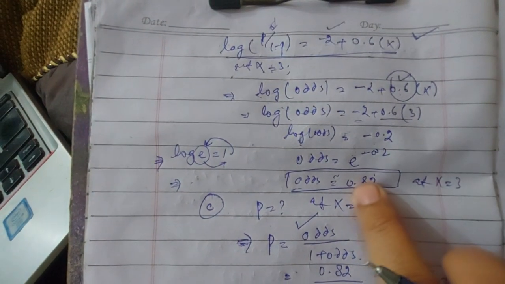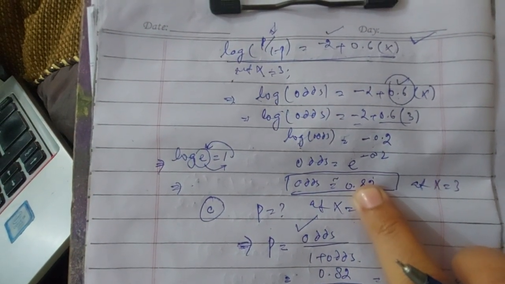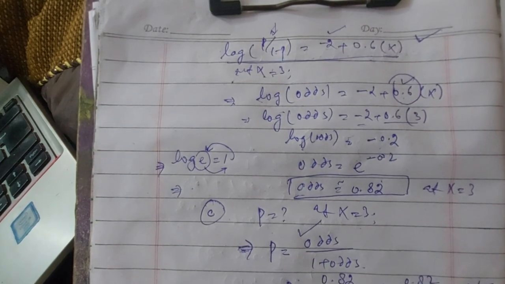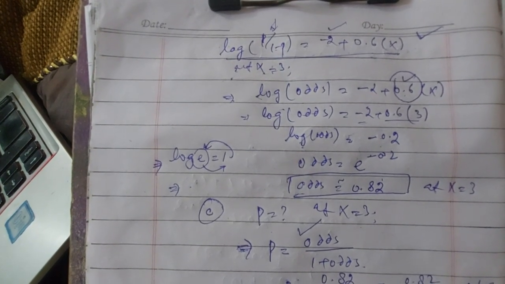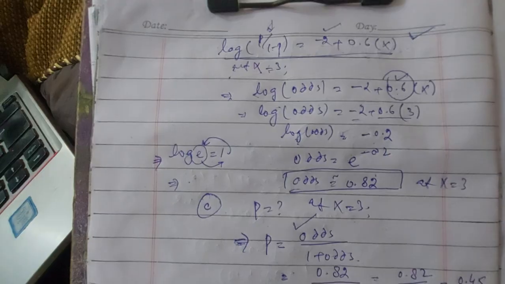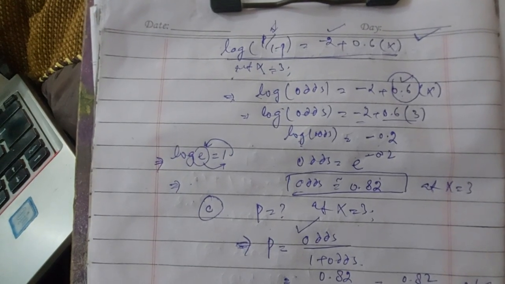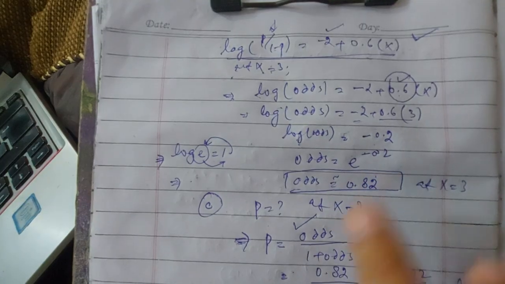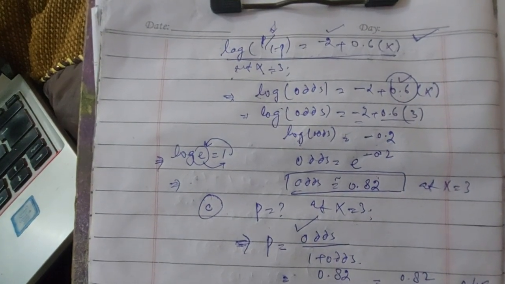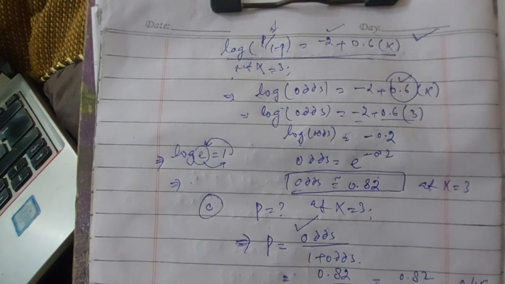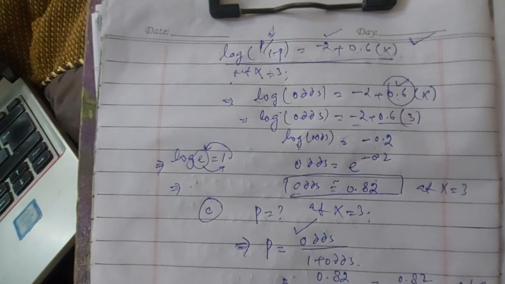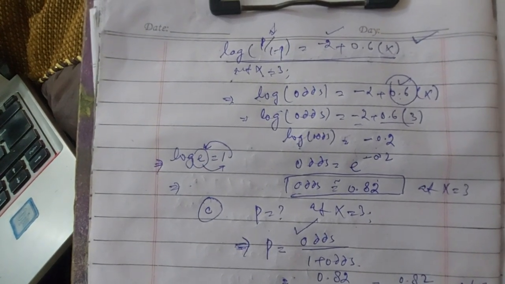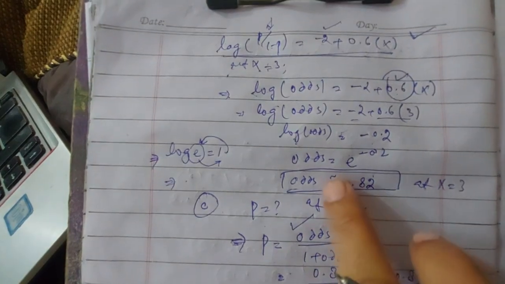If the log odds is negative, it means that the chances of success are less than the chances of failure. And if it is positive, it means that the chances of success are greater than the chances of failure. So odds is a relative term.